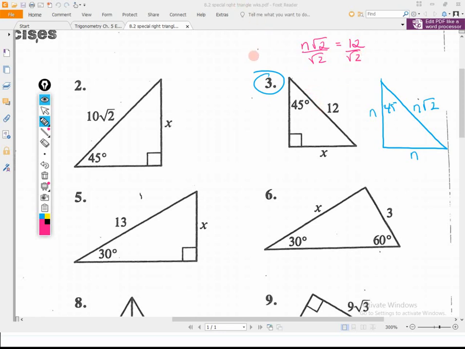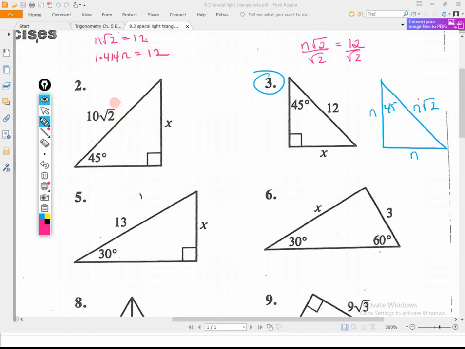Okay. Now, I just want to make sure that we understand this. Radical 2, we just typed it on Desmos, and it gave me 1.414, right? So really, when I say n radical 2 equals 12, I'm also saying this idea, that 1.414 times n is equal to 12.